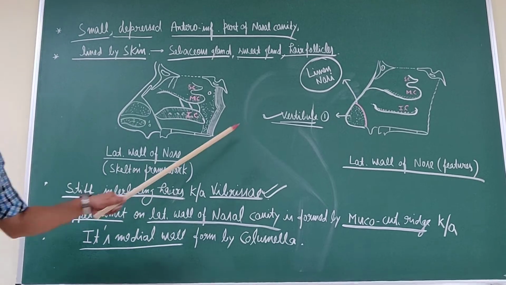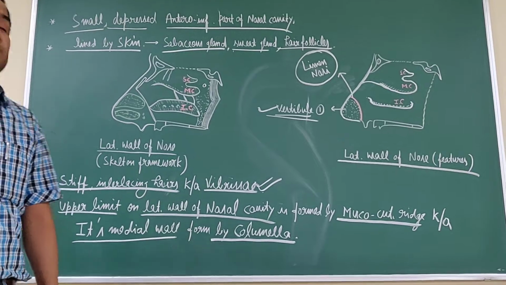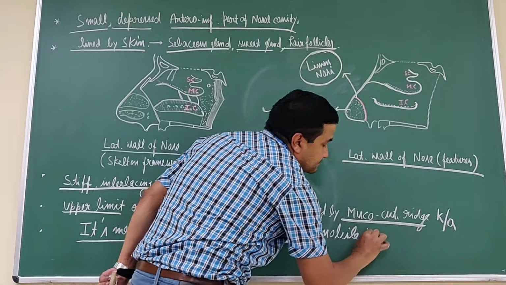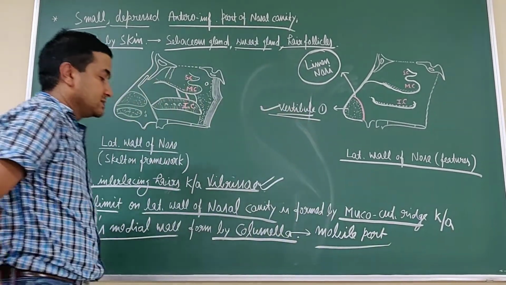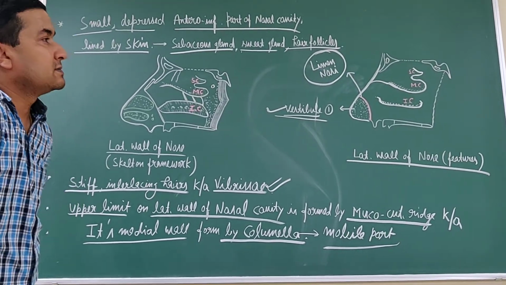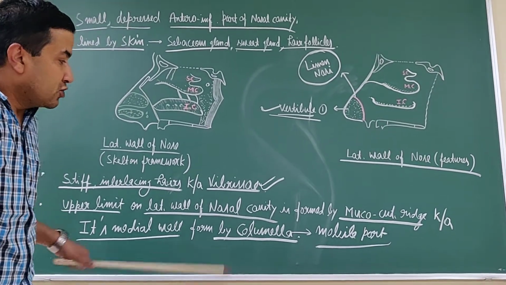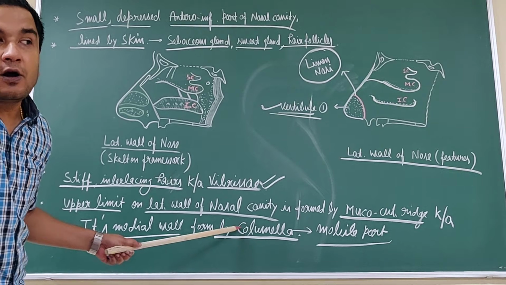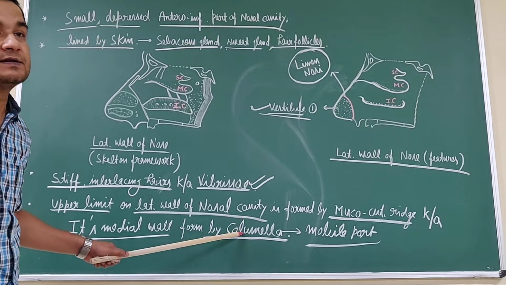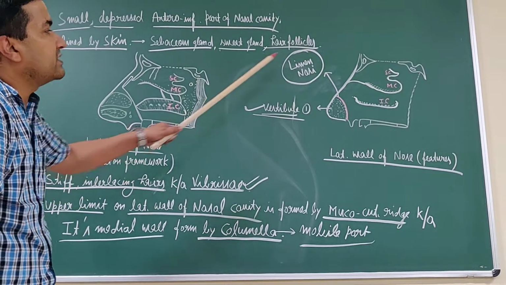The medial wall of the vestibule is formed by the columella. The columella is the mobile part. What is the columella? We discussed earlier, in the skeletal framework of the external nose, that the columella is the union of the medial crura of the major alar cartilages. The medial crura of the two sides unite and join with the septal cartilage.